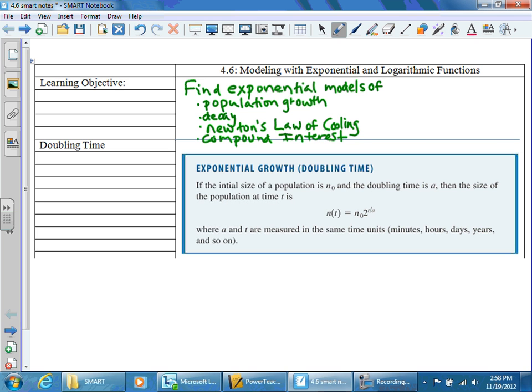Okay, so let's look at this first one, and it's going to be for doubling time. So it's basically, if they tell you how long it takes a population to double, then you're going to be using this formula. N naught is the initial size, N of T is the population at time T, and A is the time to double.